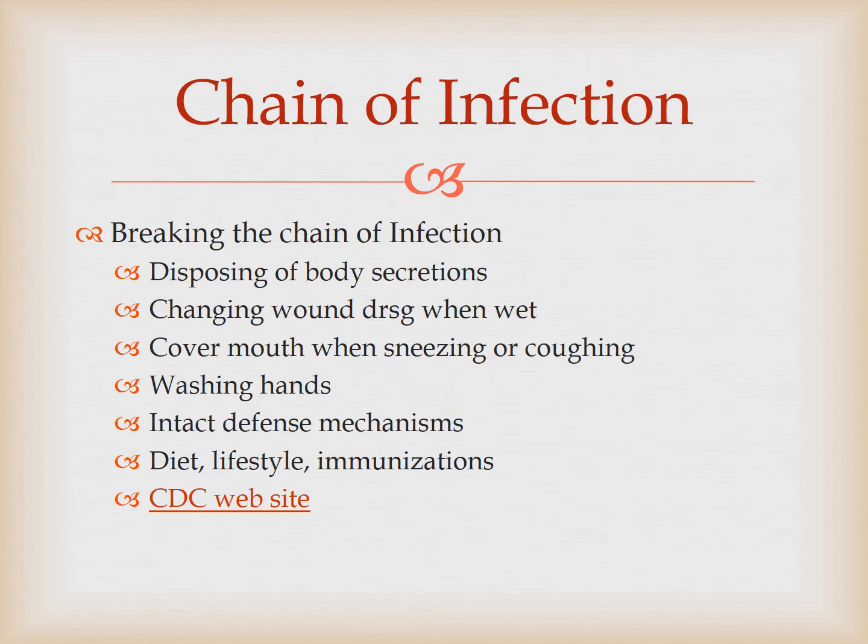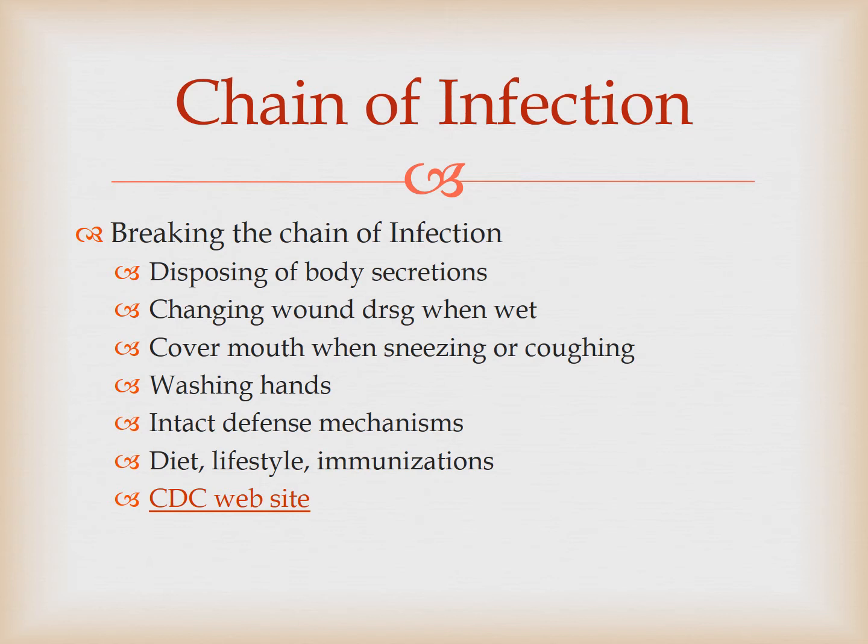At the reservoir, we can dispose of body secretions in appropriate receptacles, change wound dressings when wet, and use the proper method of disposal for contaminated needles. At the portal of exit, we can teach patients to cover their mouth when sneezing or coughing.